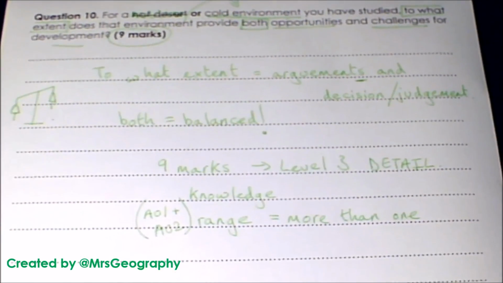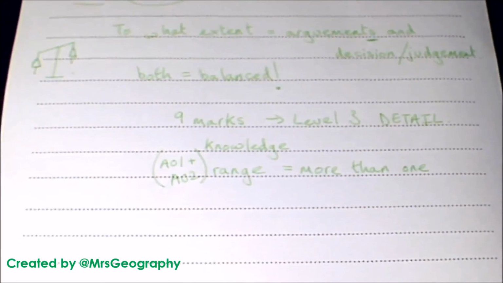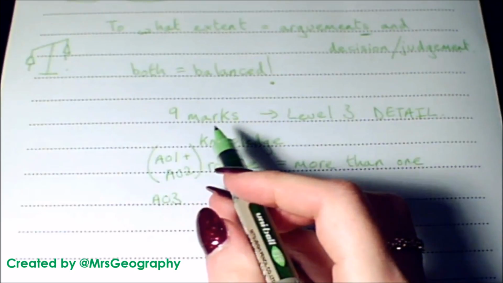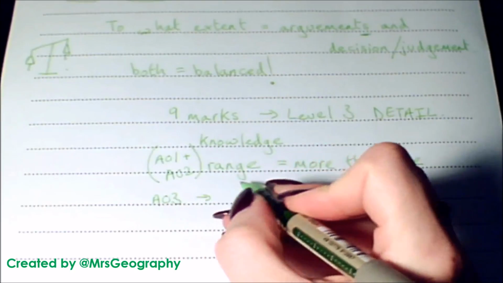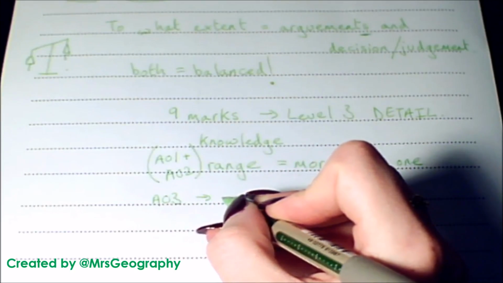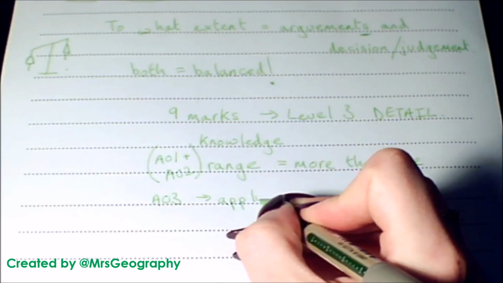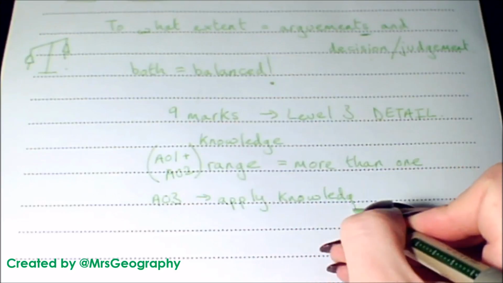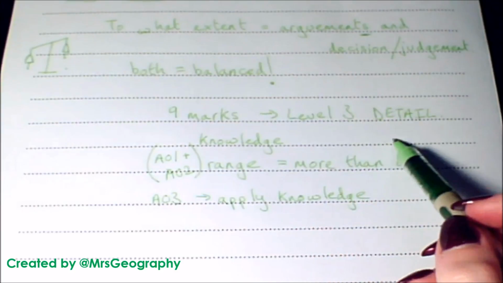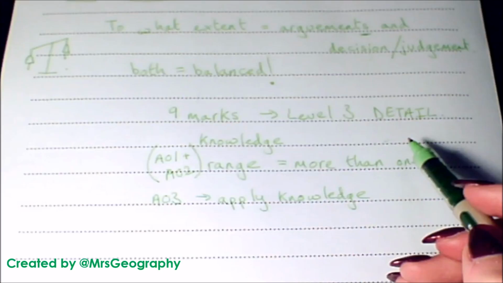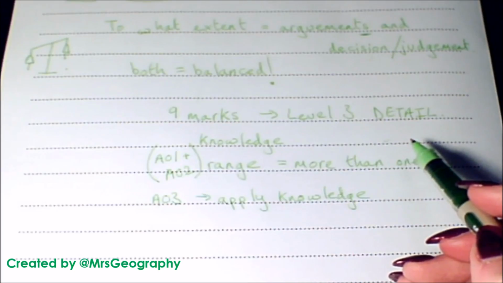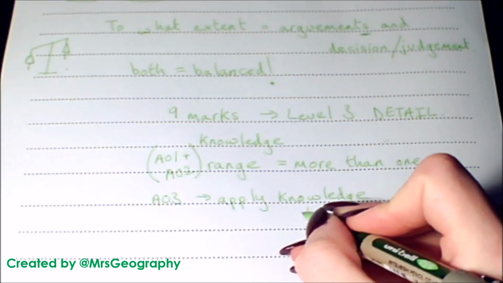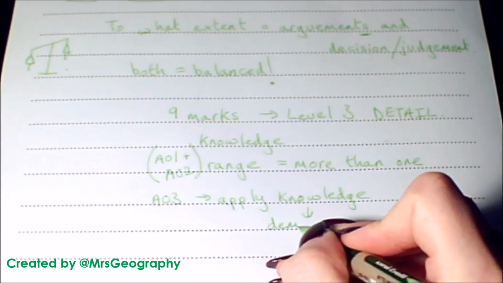However, for a 9-mark question, especially a to what extent question, you have AO3 marks available within these 9 marks as well. And what that means is you have to actually apply knowledge. So knowledge of opportunities in cold environments and challenges of cold environments. And what you've got to do is apply that knowledge and demonstrate your understanding.